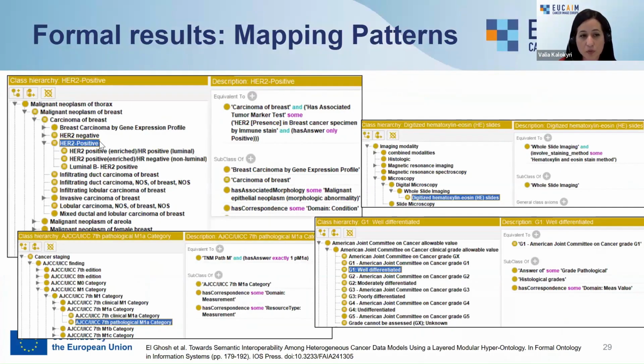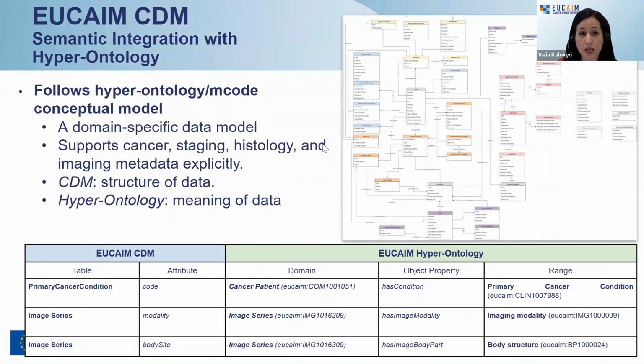As an example, you can see here what we discussed in the beginning, the examples of the challenges, that, for example, the concept HACC, UICC, septum pathological M1A category in OMOP is equivalent to the TNM path and has answered specifically this PM1A metastasis code. Okay. Similarly, for the HER2 positive, what is that equivalent with? So all these mapping patterns are really important.